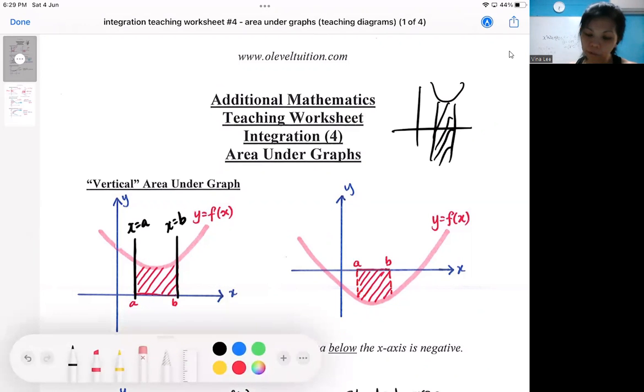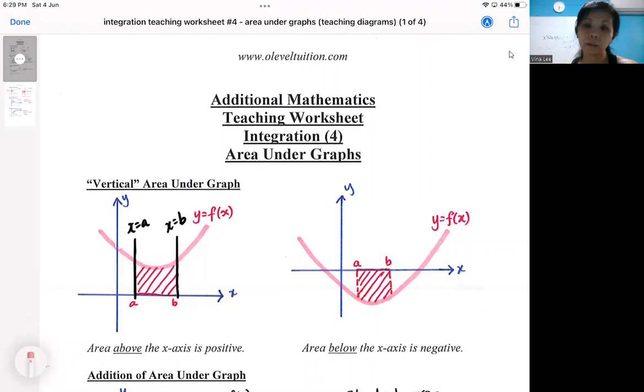So the definition is that the area will be stopped by the x-axis. So it is under the graph, bounded by two vertical walls, and stopped by the x-axis. Such an area will be found by a definite integral using the x coordinate.